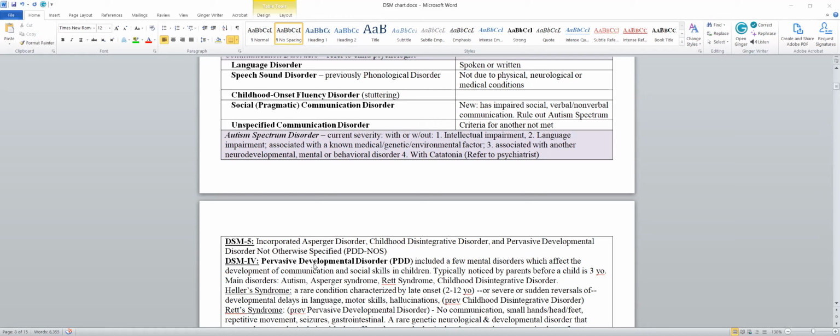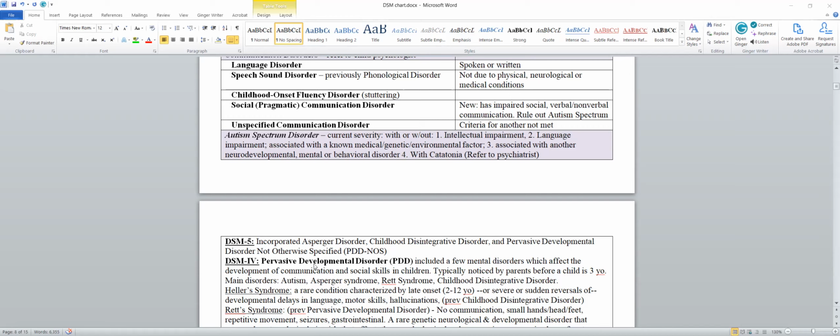The DSM-4 pervasive developmental disorder included a few mental disorders which affect the development of communication and social skills in children, typically noticed by parents before a child is 3 years old.